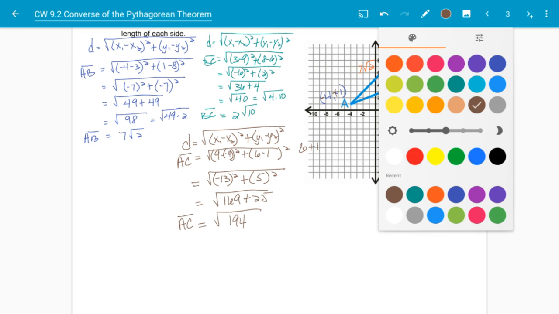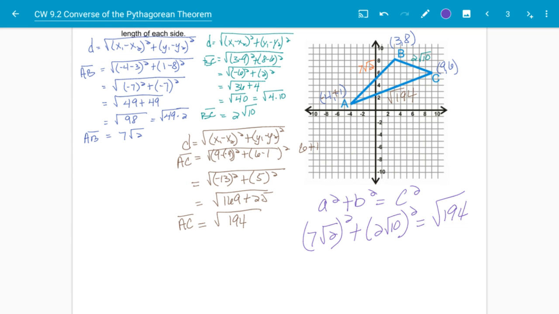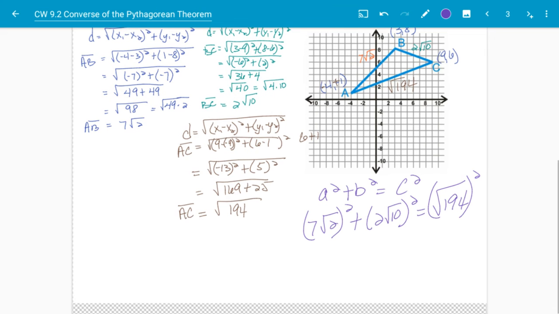Now we're going to use the Pythagorean theorem and look at the square of my legs versus the square of my longest side to see if it's a right, obtuse, or acute triangle here. So I'm going to say a squared plus b squared is equal to c squared. So let's say (7 square root of 2) squared plus (2 square root of 10) squared is equal to (square root of 194) squared.